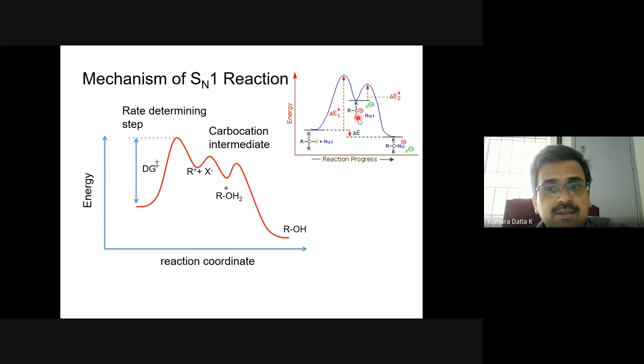Once this activation barrier is passed, you are splitting the carbocation and the leaving group, and the nucleophile comes and attacks the electron deficient carbon, and then you make a covalent bond with that, along with the removal of the leaving group.